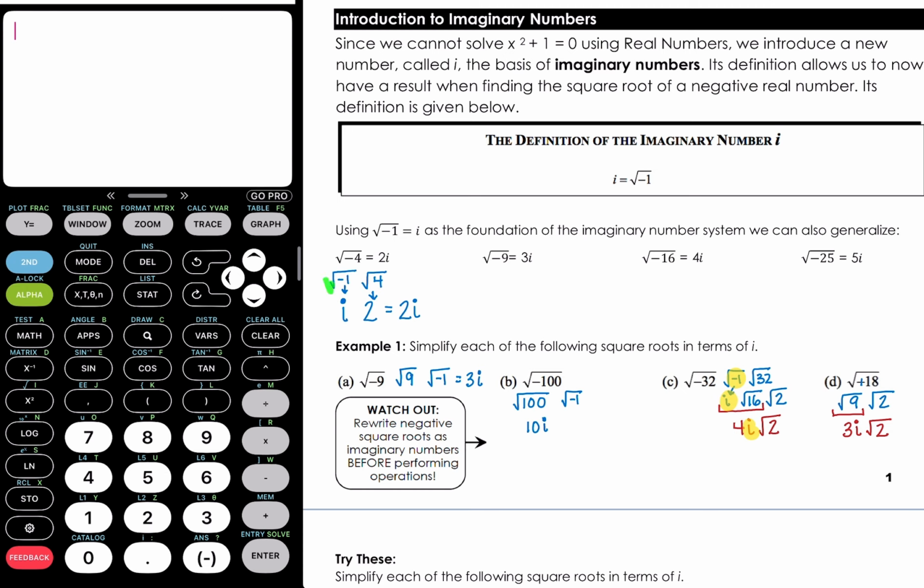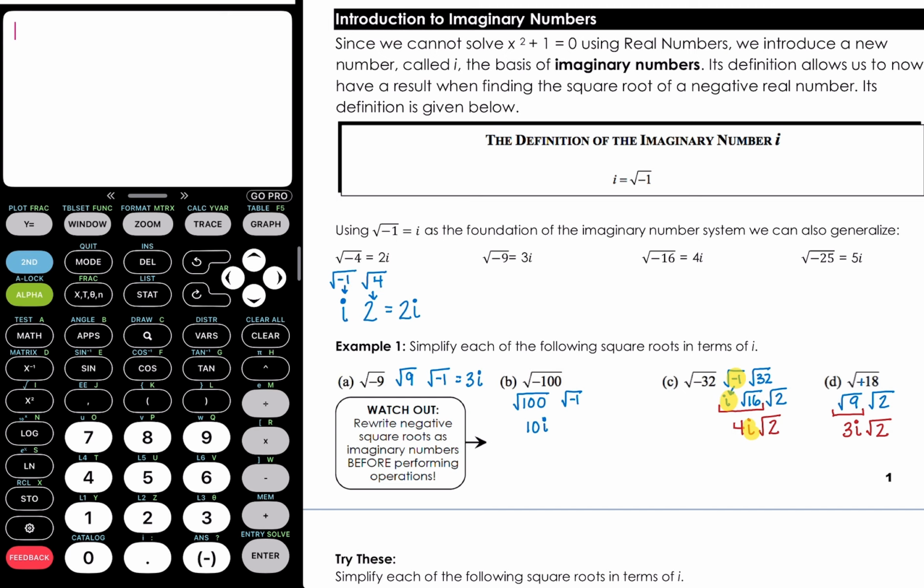But now, by splitting up any radical and pulling out that -1, we can now take the square root, or simplify the radical of the positive version, and then just put the I there to represent that this was actually a negative value. So this is an imaginary number.